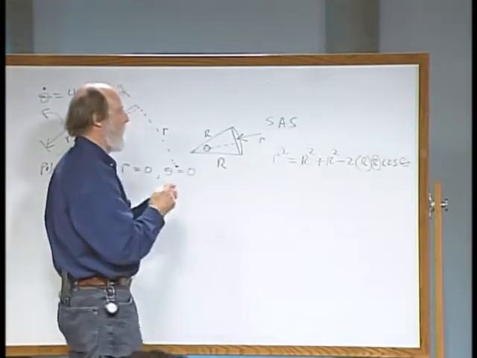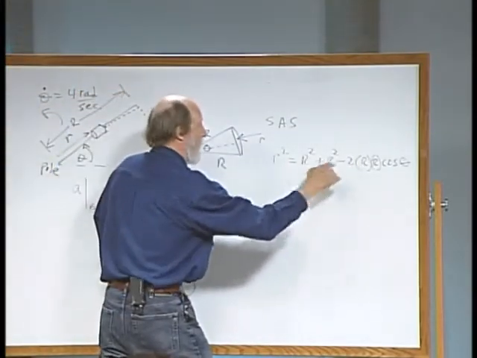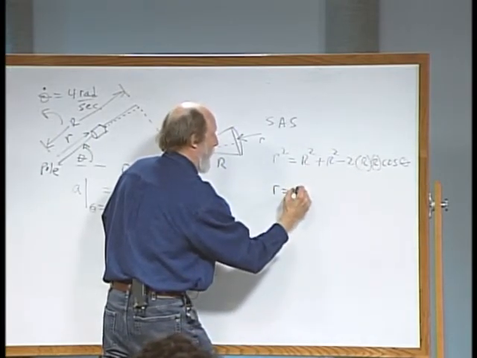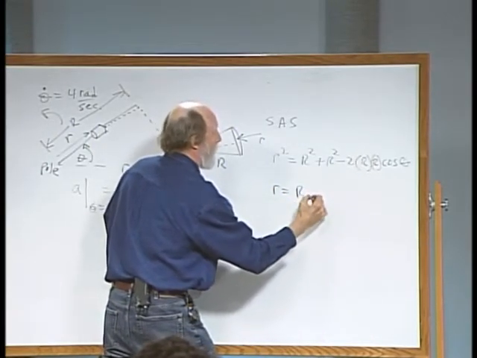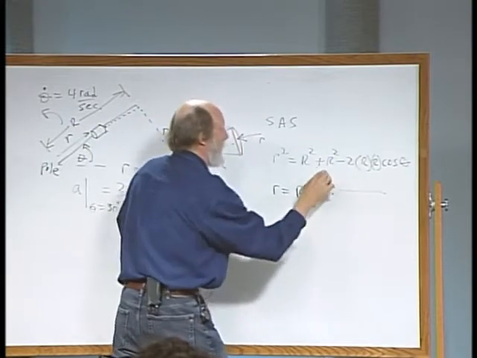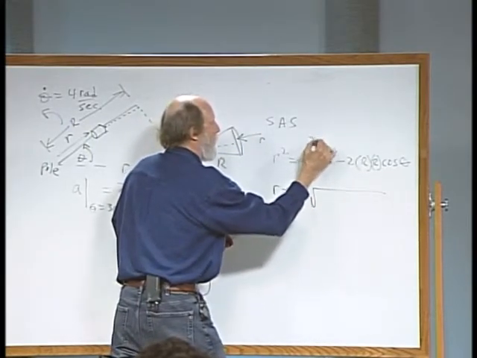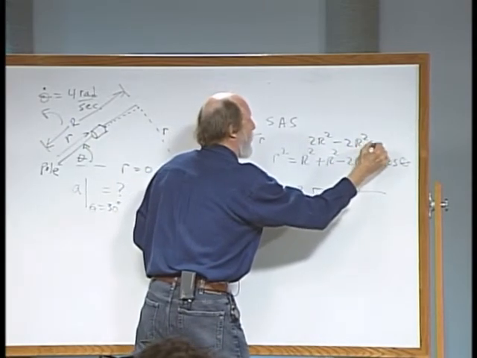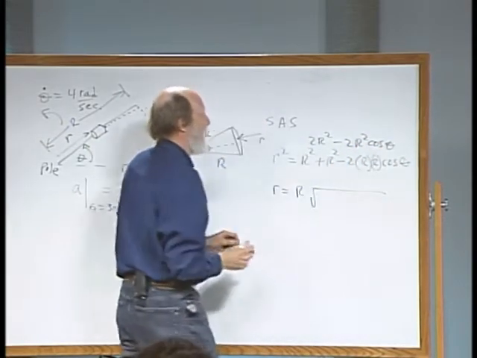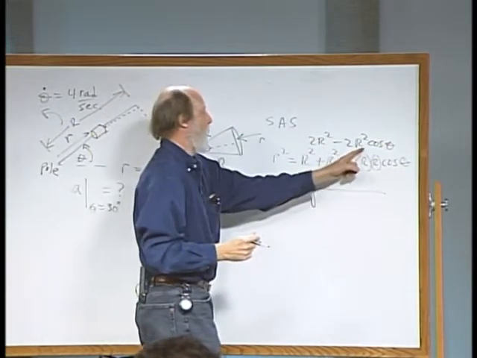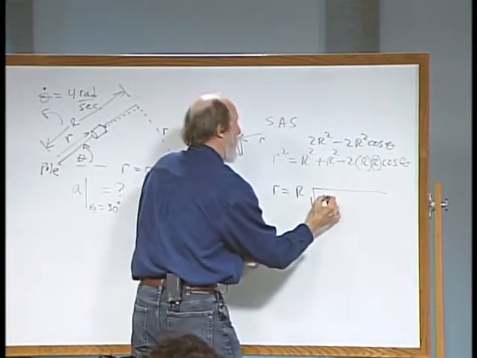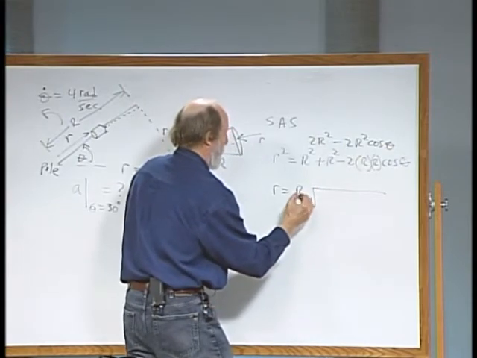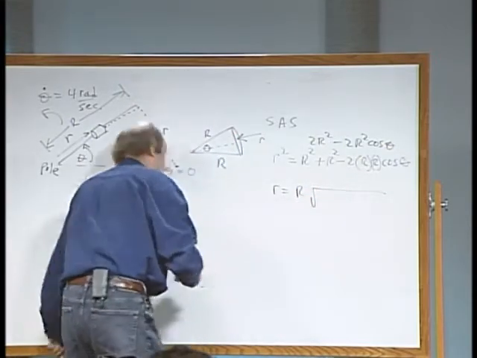Okay. You can see there's a common R squared. So when we find r, we can pull the capital R out of the square root, and we're left with 2R squared minus 2R squared cosine theta. So if we pull out the R squared, we're left with, let's go ahead and pull a root 2 out of there as well.